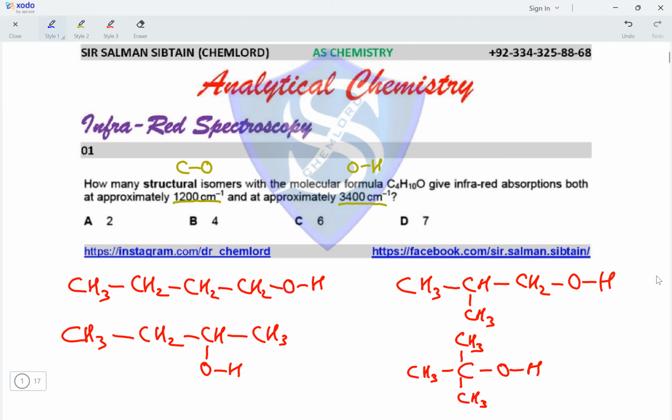So in total, we have one, two, three, and four possible structural isomers with the molecular formula C4H10O, making option B the correct option for this question.